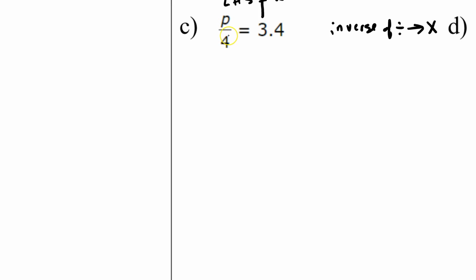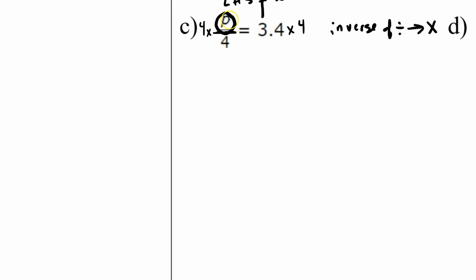Now, P is divided by 4. Sometimes it's tricky to decide what you're dividing by, what you're multiplying by, but the variable, which you want to isolate, is divided by 4. So we need to multiply this side by 4, and we need to multiply this side by 4.